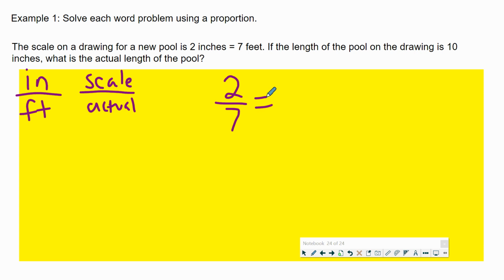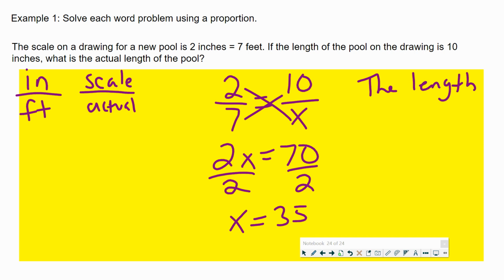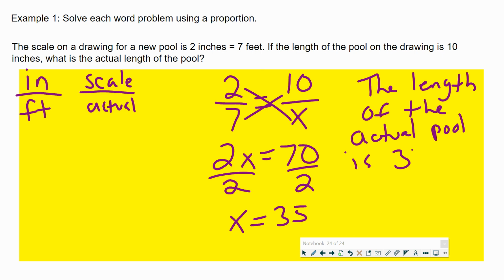The 10 is the scale or the inches over x. So cross multiply, I get 2x equals 70. Divide both sides by 2, I get x equals 35. So the actual length of the pool is 35 feet.